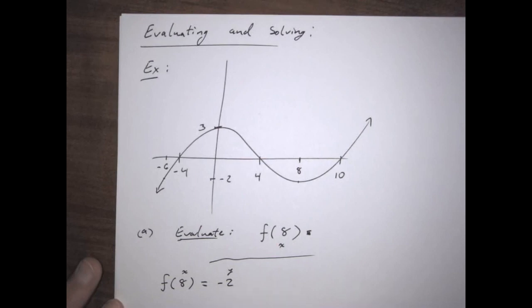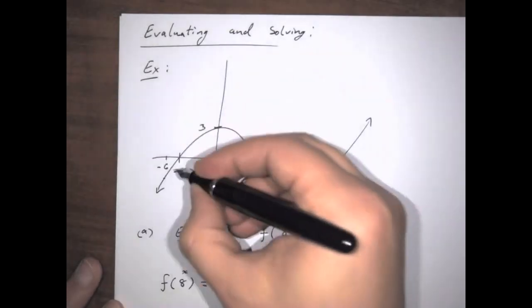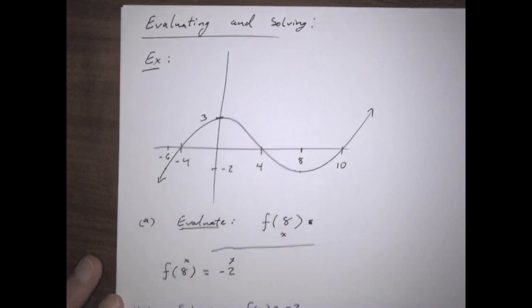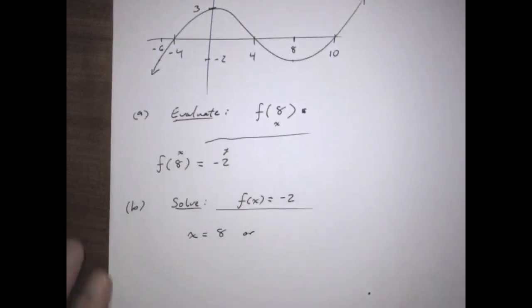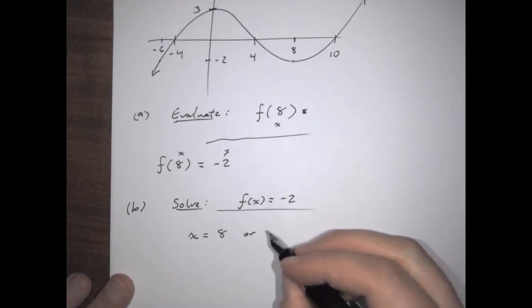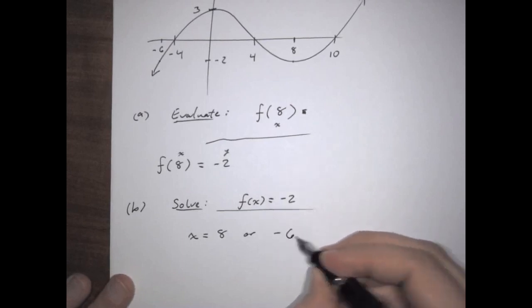The y value is given to us, the x value is what we want, and so we know already an x value that would do this is 8. But there's another one, and it comes to us from the left side of the graph. Sorry, that was off screen. All right, so I was just writing down what I was saying. And then the other one on the left is going to be -6.